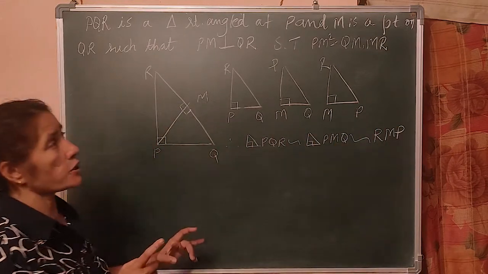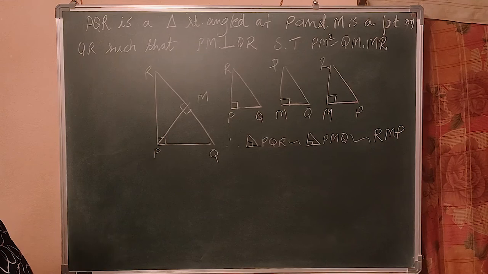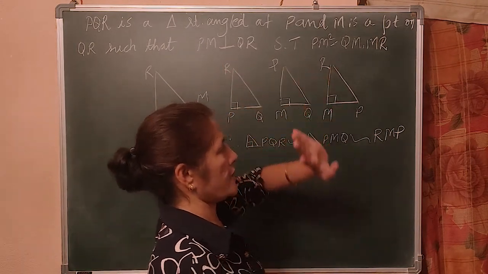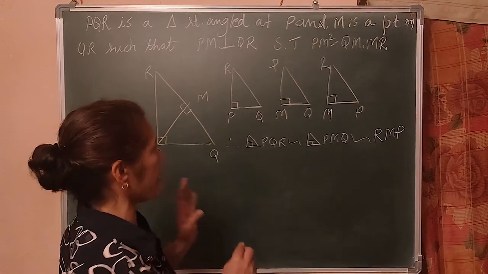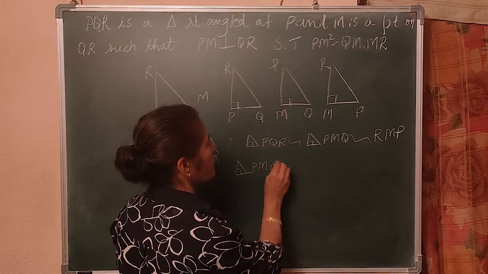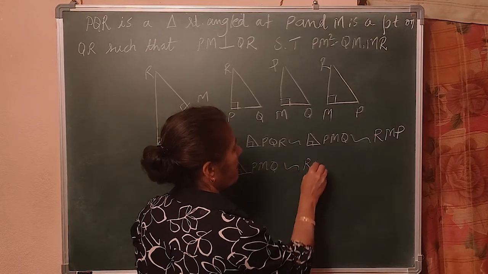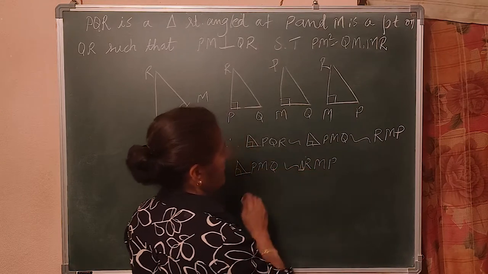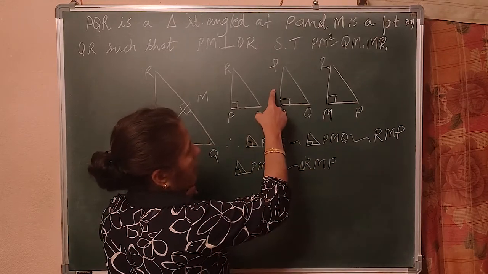Now, my aim is to get PM square. Where is PM? Here there is no PM. Here there is. So, I take those two triangles. Triangle PMQ is similar to triangle RMP. Right? So, where is PM? Here.